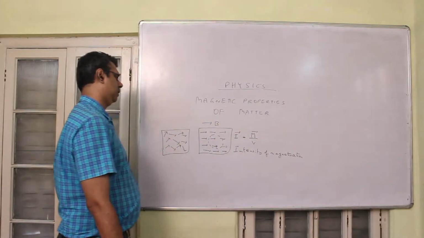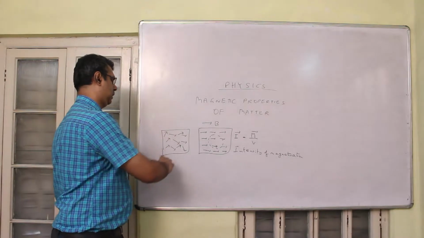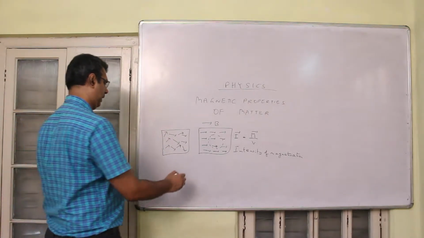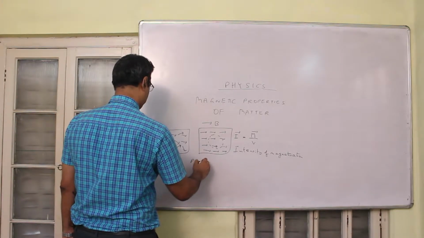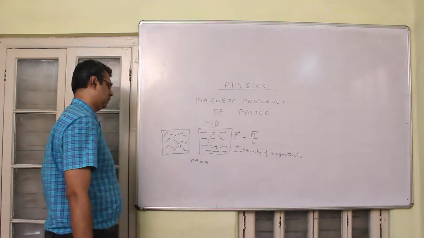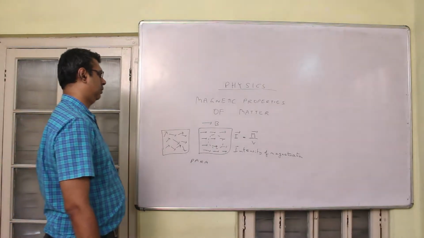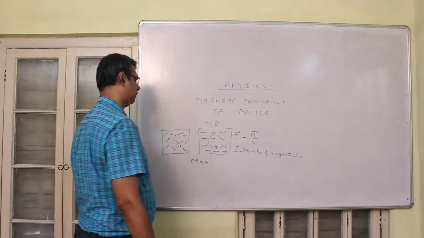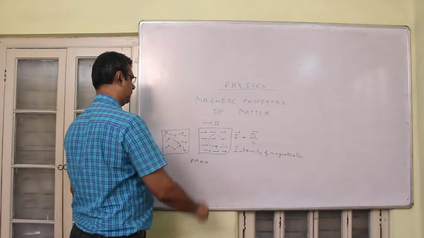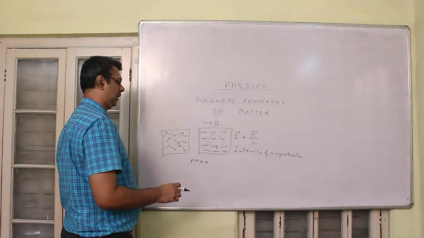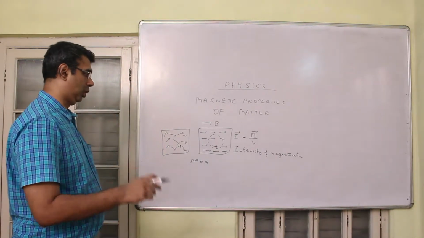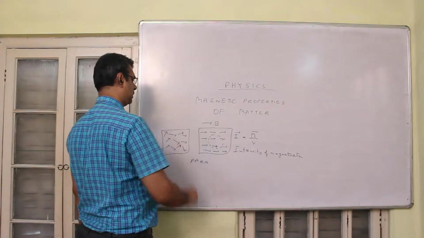So once again, you have a substance which is paramagnetic, and you have the randomly aligned dipoles. All of them are randomly aligned. When you applied a magnetic field, the alignment became orderly due to this field.